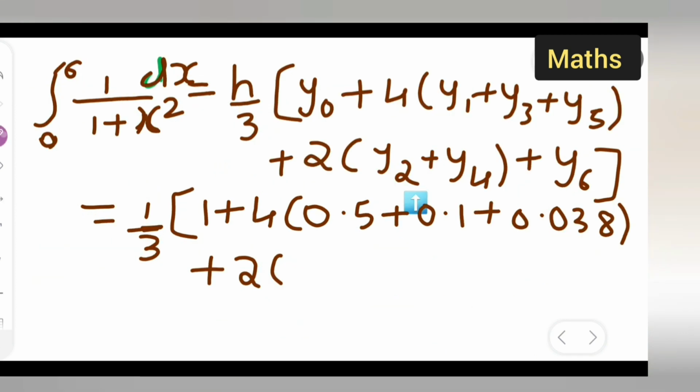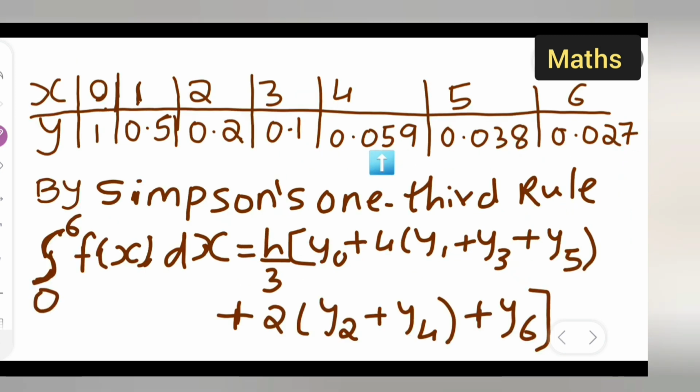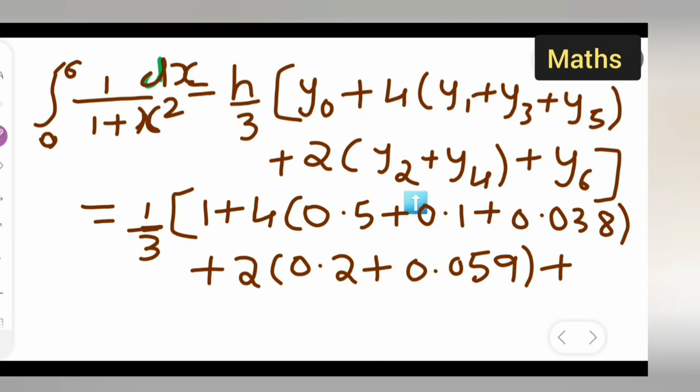So add this, 0.2, don't close the bracket, 0.2 plus 0.059, then plus y6, which is nothing but 0.027, so 0.027, and then close the bracket.